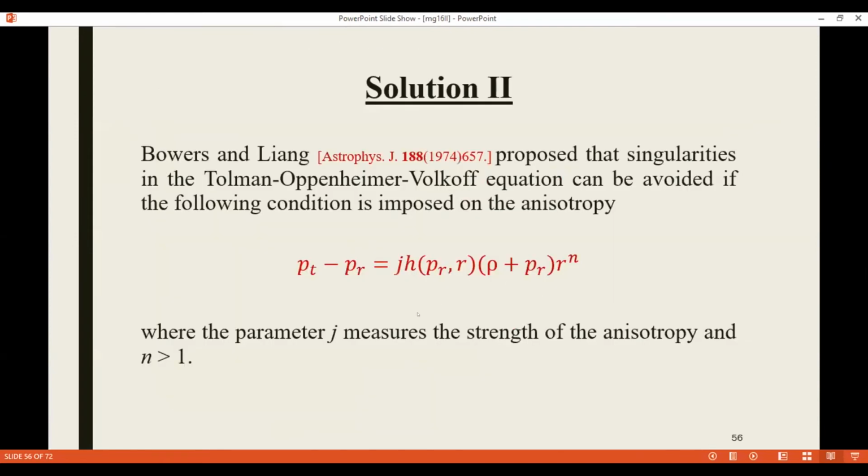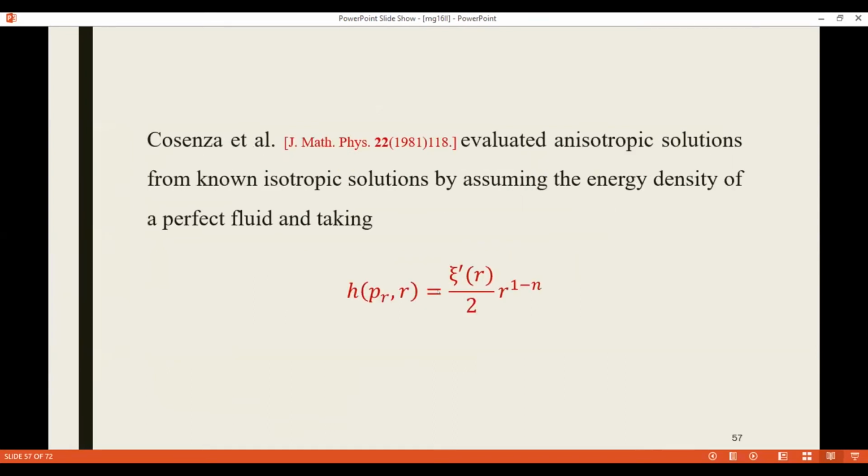Now we can calculate the second solution by using this condition. Cosenza evaluated anisotropic solutions from known isotropic solutions by assuming the energy density of a perfect fluid.